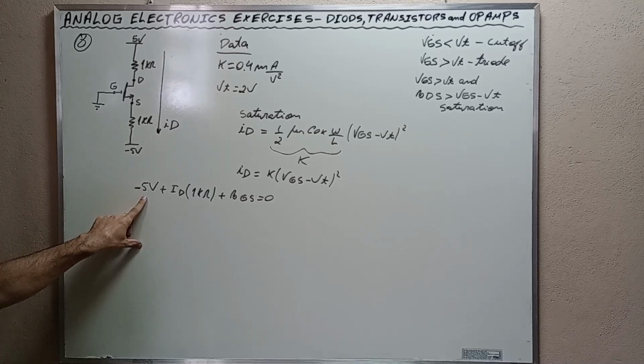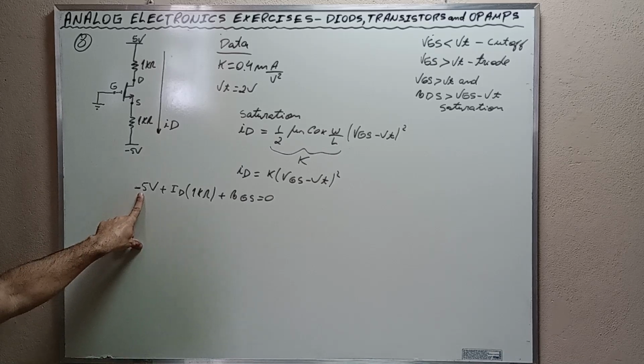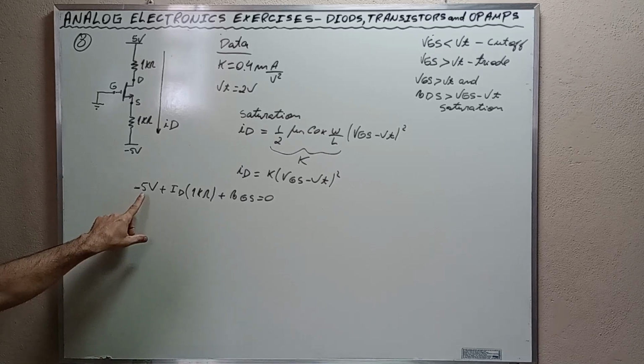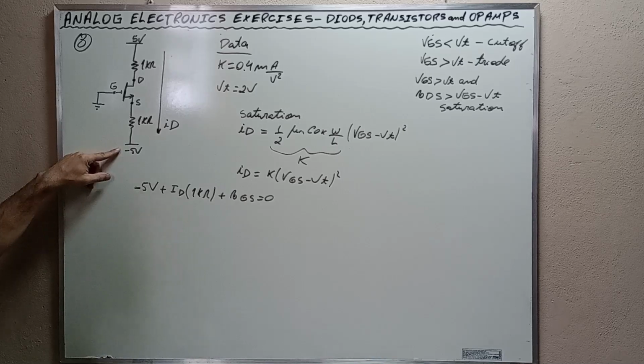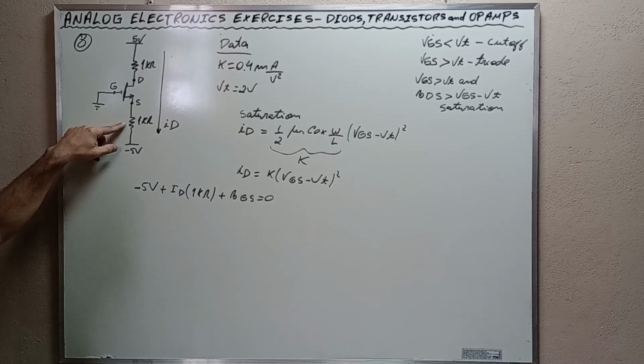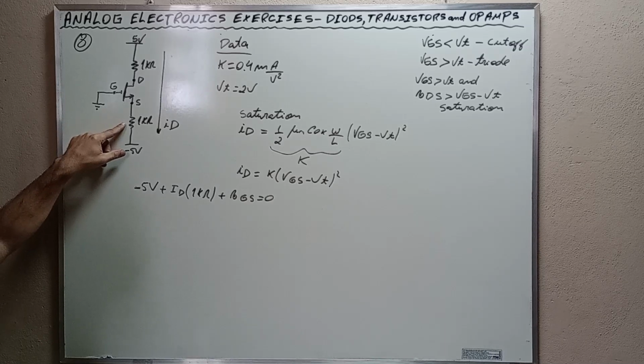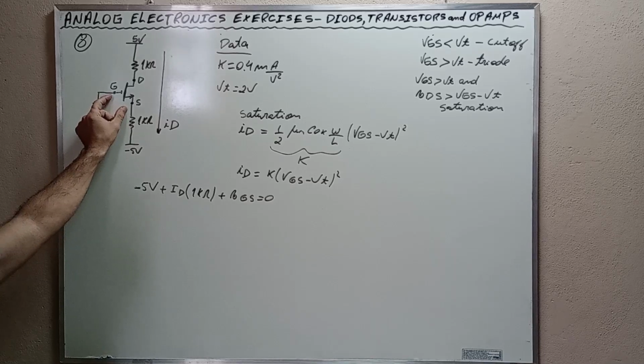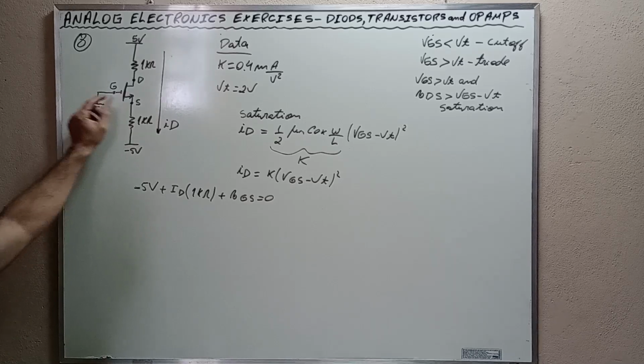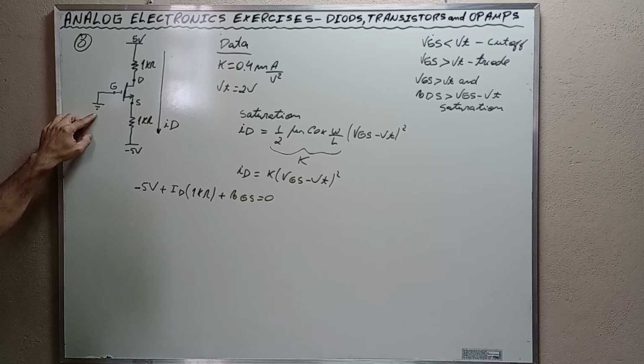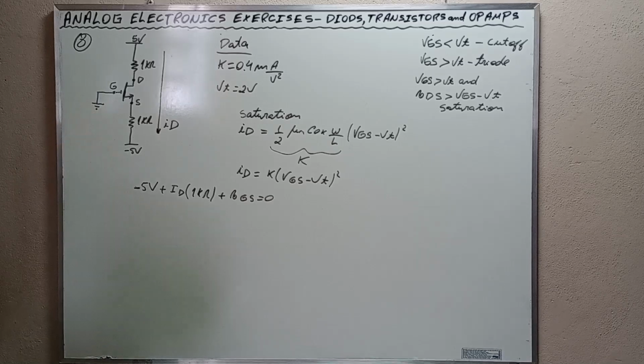Did you understand this expression? It is paramount that you understand this expression because we are going to use it from this negative 5 volt source, passing through this voltage drop, plus VGS is equal to 0 because the gate is grounded, okay?